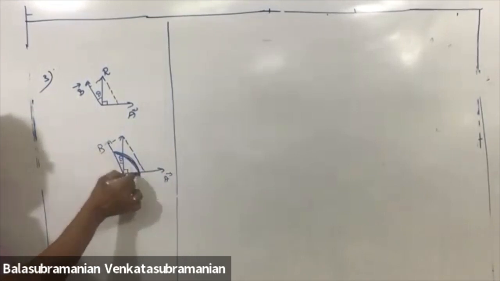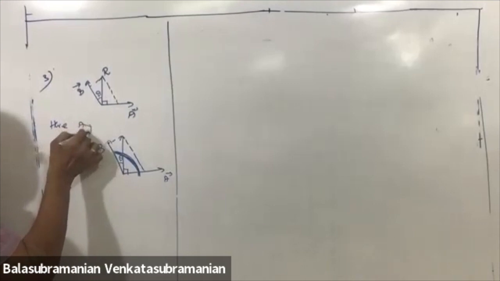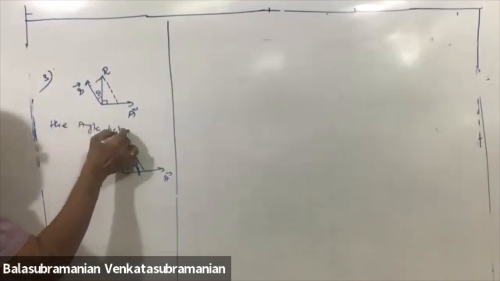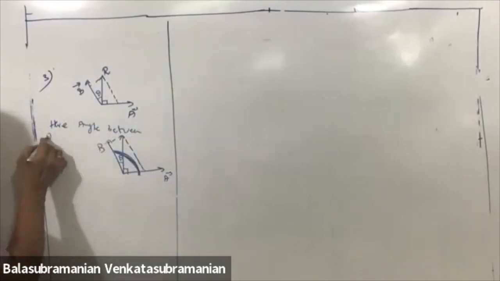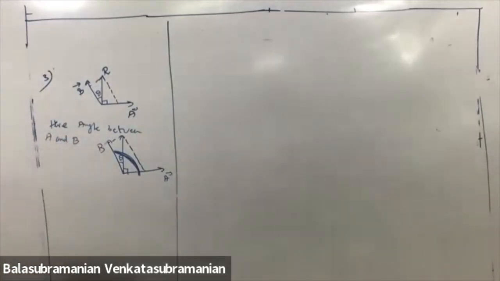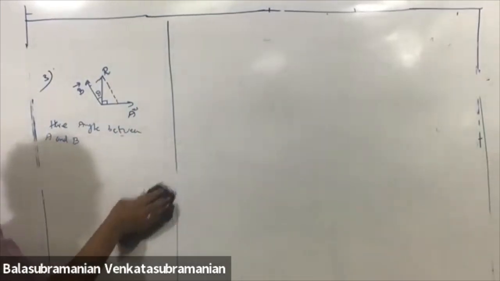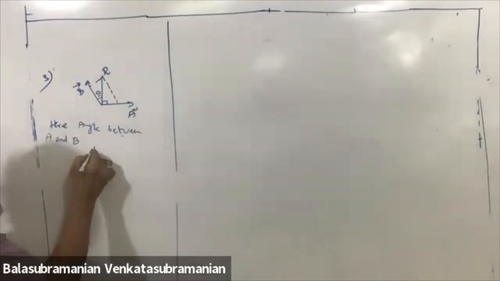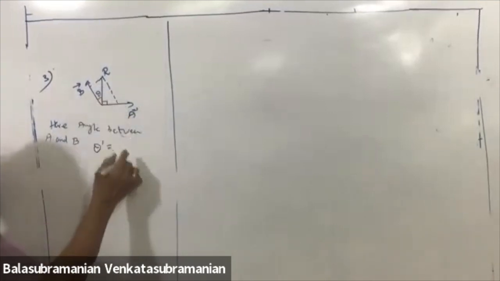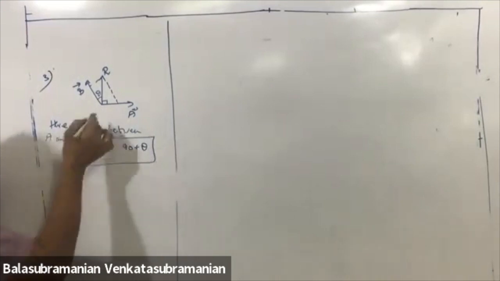That's what you have to calculate, angle between A and B. Take it as theta dash, theta plus 90. So this theta only you have to calculate now.